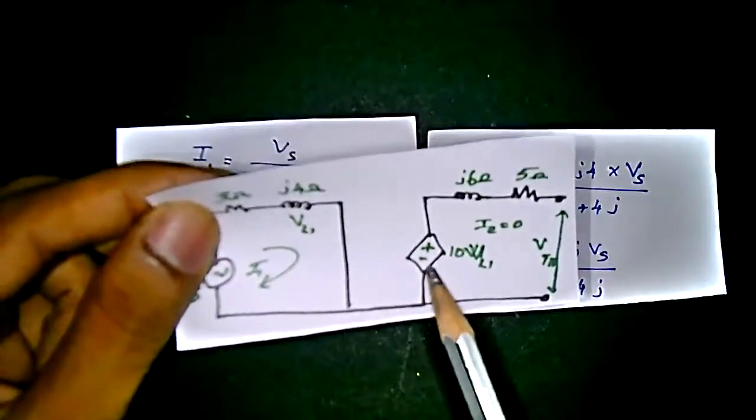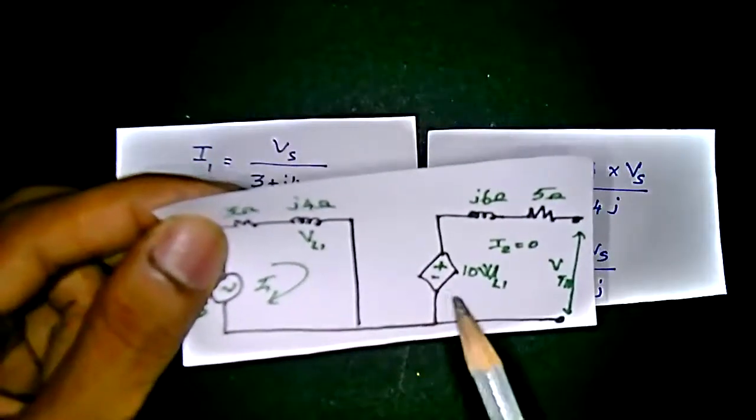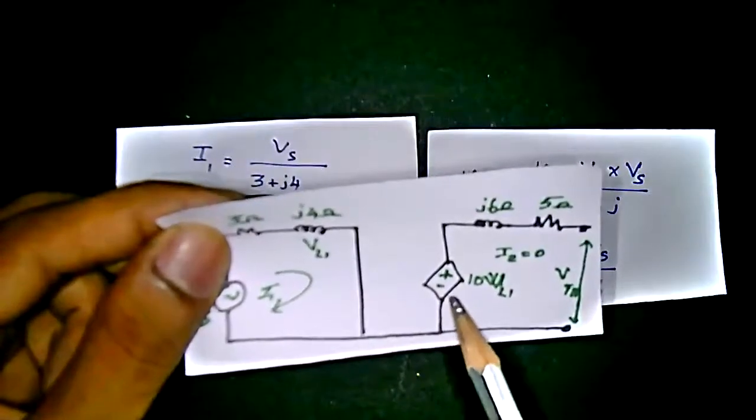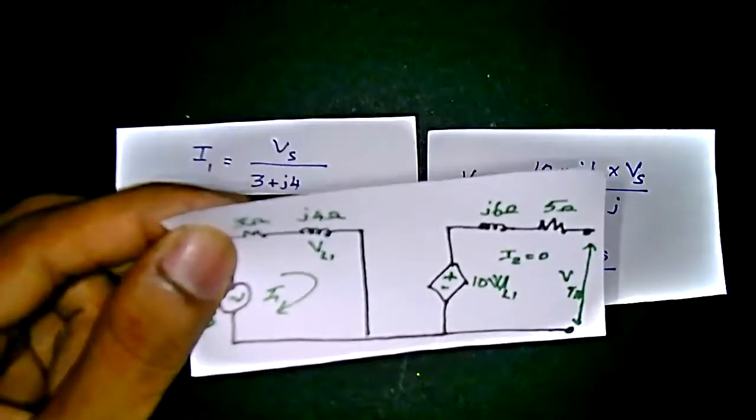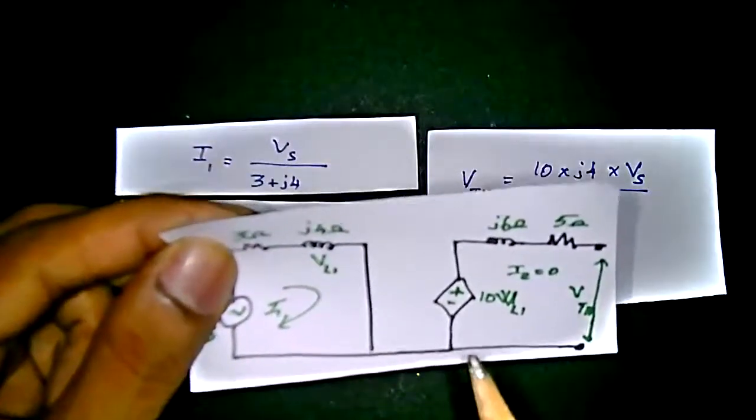Sorry, for the last few seconds I said it was a current source, but since the symbol gives no arrow direction, only plus and minus signs, it is a voltage source. Sorry for that, please correct that.